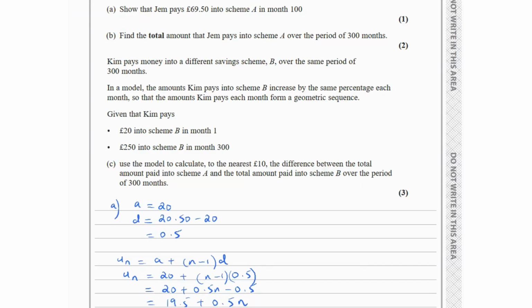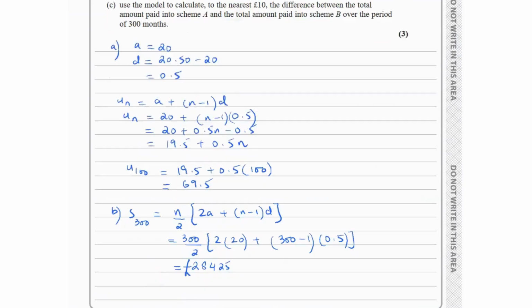Given that Kim pays 20 pounds into the scheme in the first month, and 250 pounds into scheme B in month 300, we have to use the model to calculate to the nearest 10 pounds the difference between the total amount paid into scheme A and the total amount paid into scheme B over the period of 300 months.